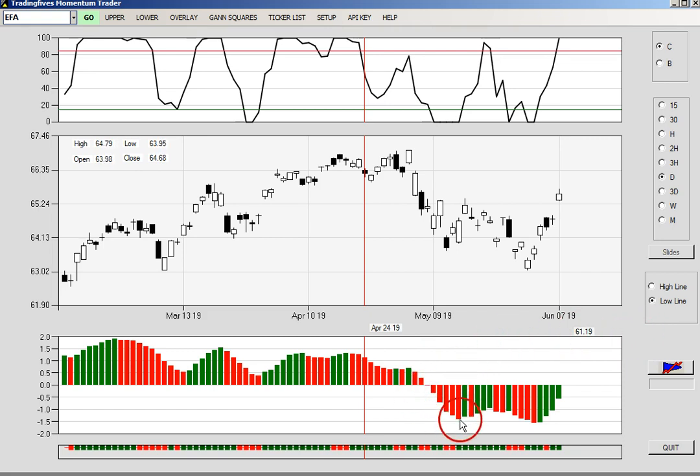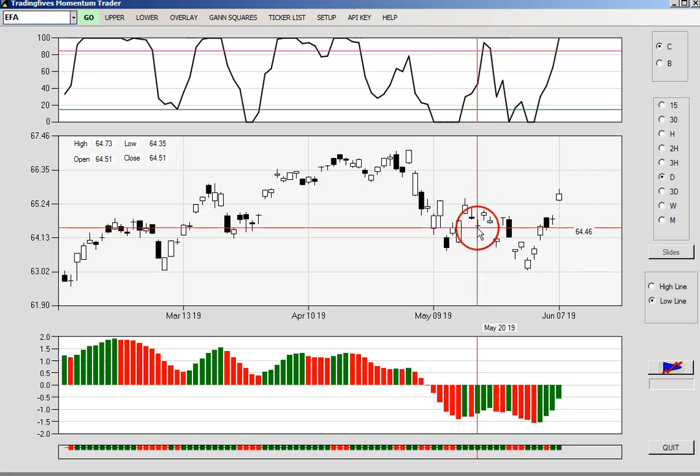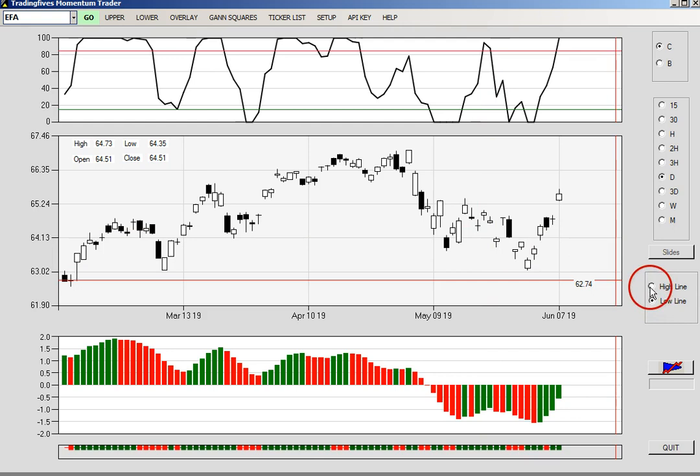We have a series of red bars followed by a green bar, a red bar, and the next green bar is closer to zero than the green bar preceding it. Okay, it's closer to zero, and you can see this green bar got to a level of minus 1.31, and this green bar got to minus 1.17, both negative, but the second green bar was closer to zero.